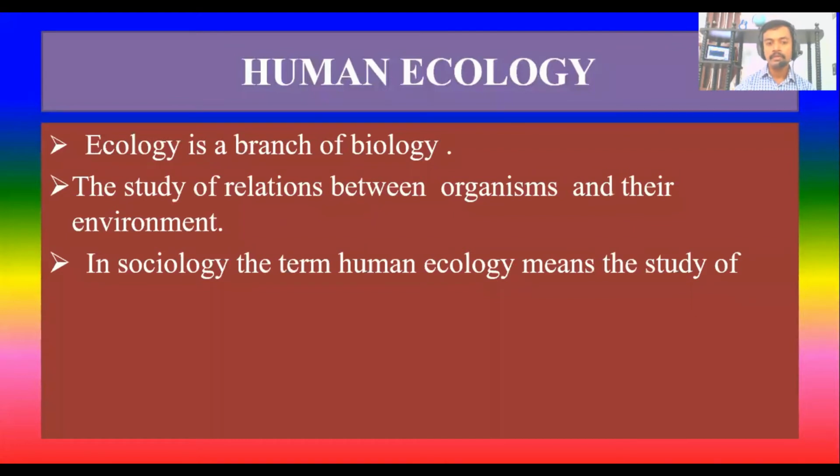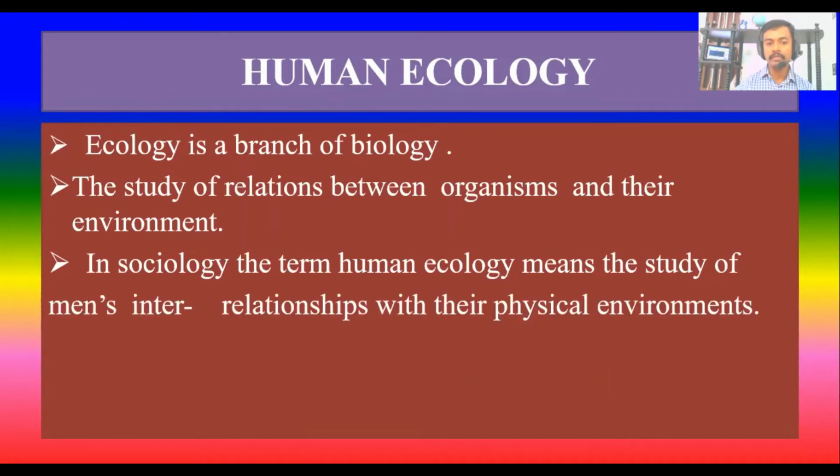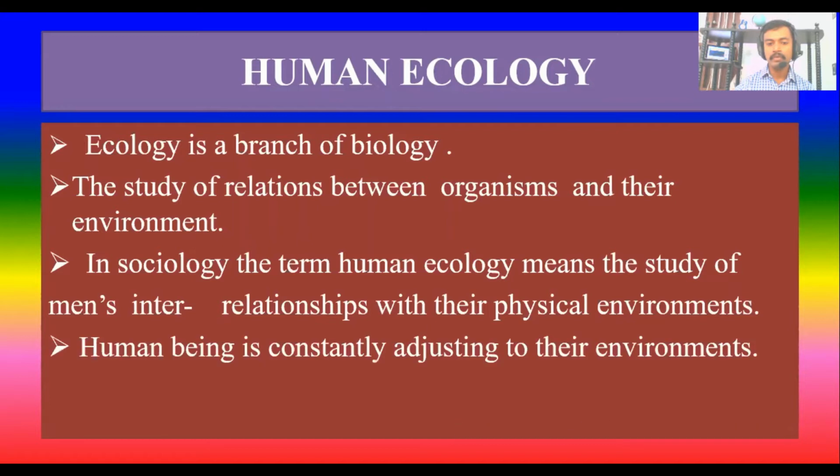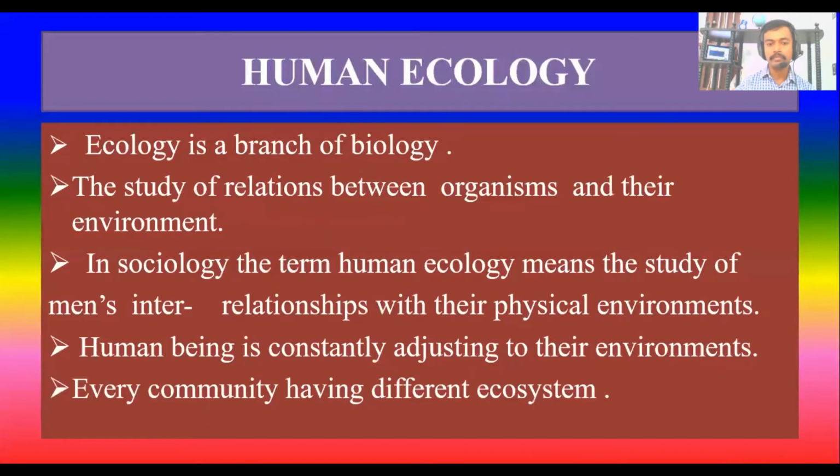In sociology, the term human ecology means the study of man's interrelationship with his physical environment. Human beings are constantly adjusting to their environment. Every community has a different ecosystem. For example, the village community, which means rural community, is a natural ecosystem.